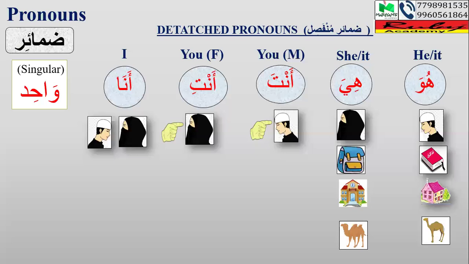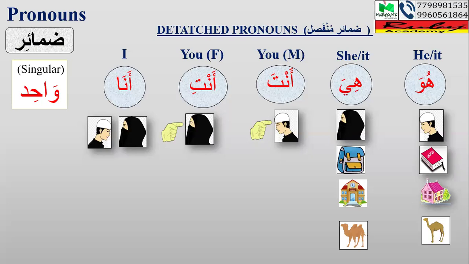These all are singular. Again, pronouns are categorized according to the gender as well. In Arabic, they have masculine and feminine pronouns, because everything is categorized according to the gender.